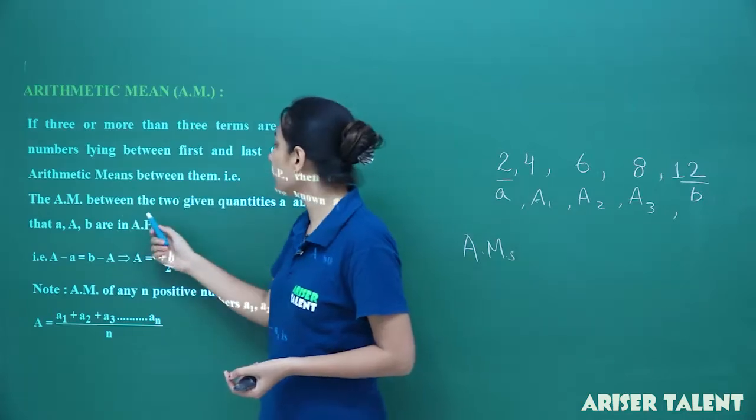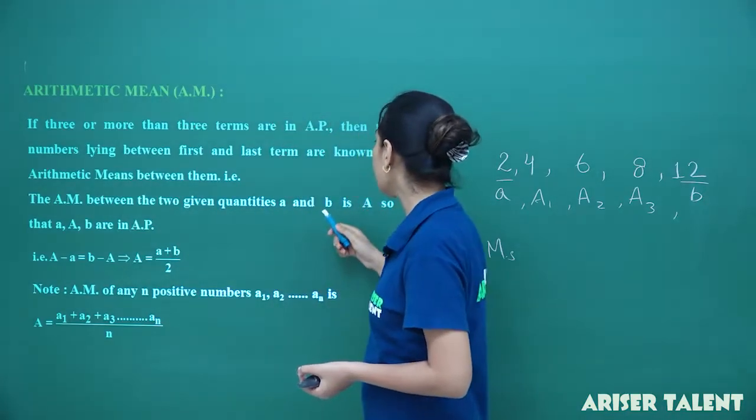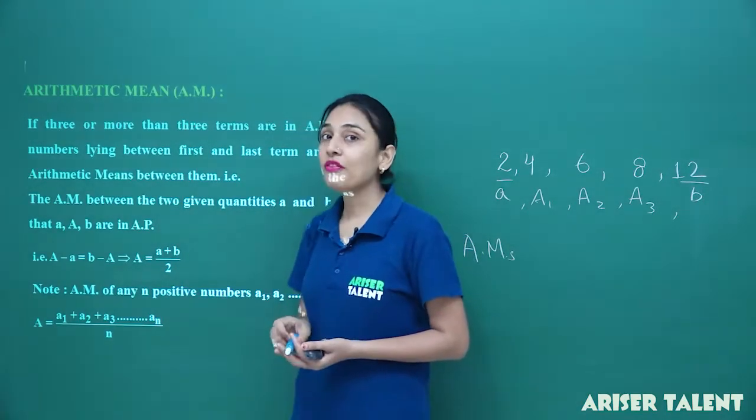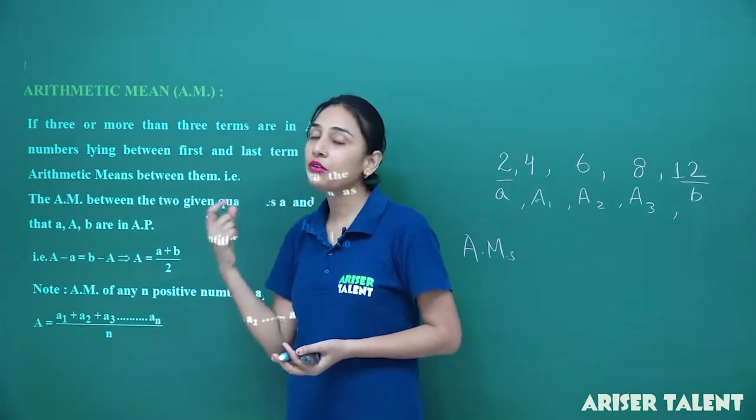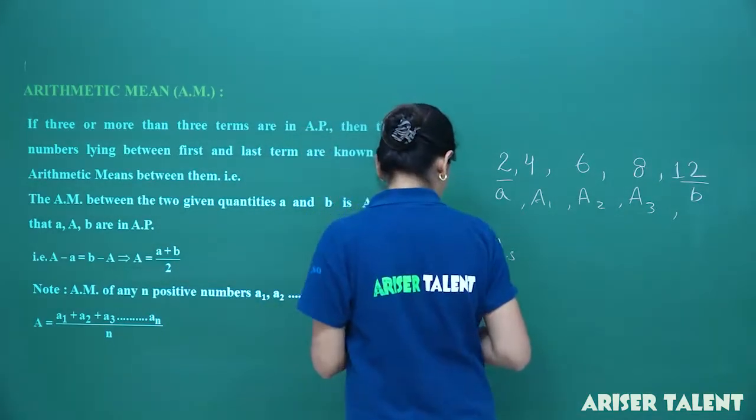That is, the mean between the two given quantities a and b is A. If I am inserting only one arithmetic mean between a and b, it will be what?